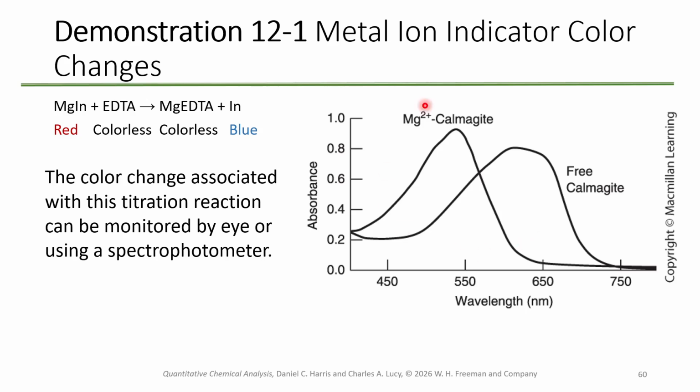Okay. And so, yes, you can monitor it by eye, but your eyes are not super sensitive to color changes. You can actually monitor it using a UV-vis spectrometer. In this case, you could get away with just a visible light spectrometer. You don't actually need a UV, okay? Which is a cheaper thing.